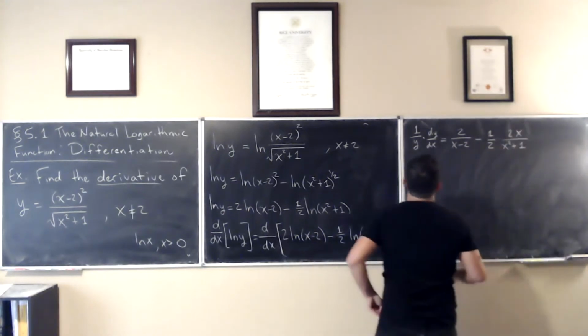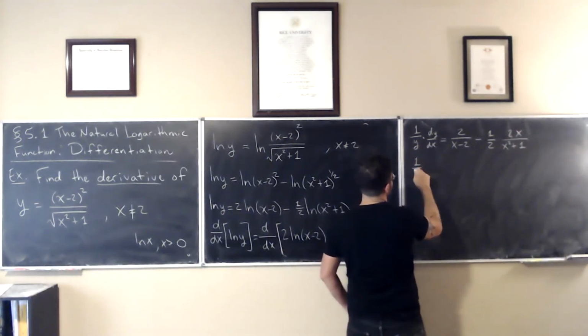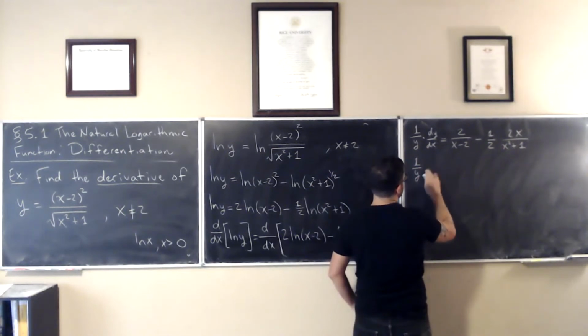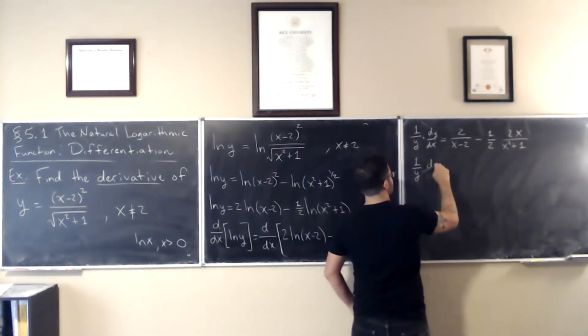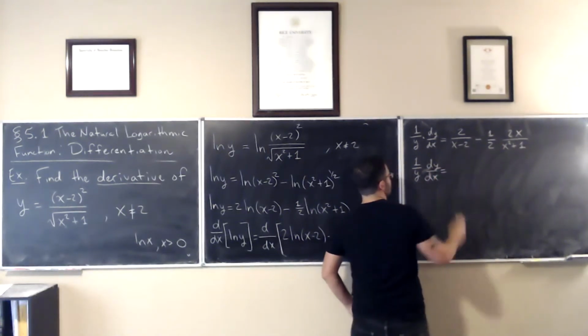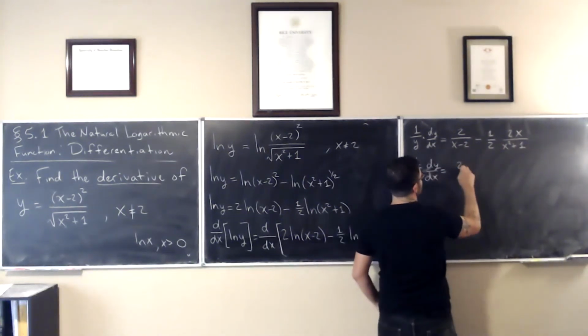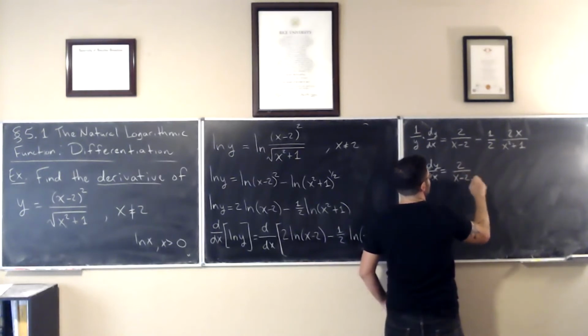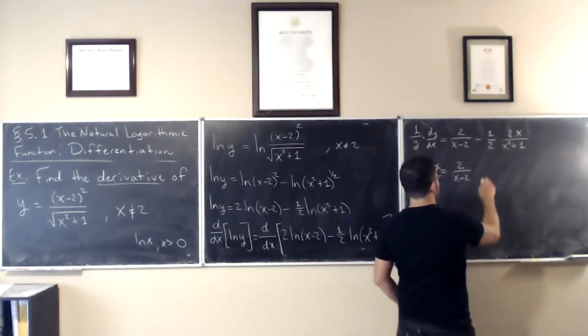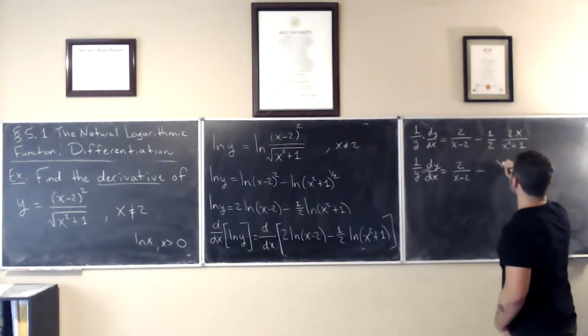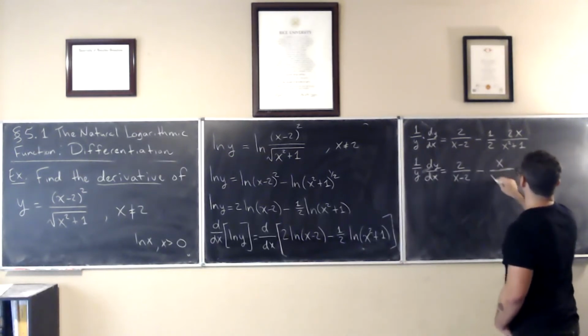Those 2's divide out. We get 1 over y dy/dx is equal to 2 over x minus 2 minus x over x plus 1.